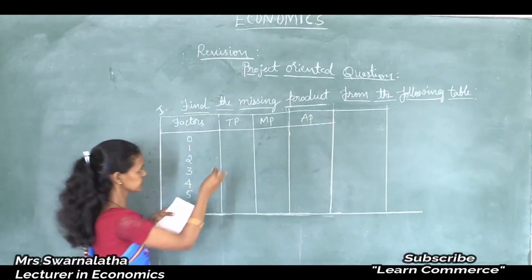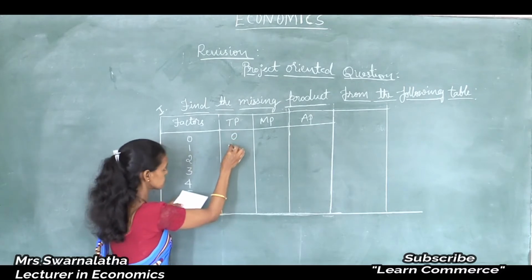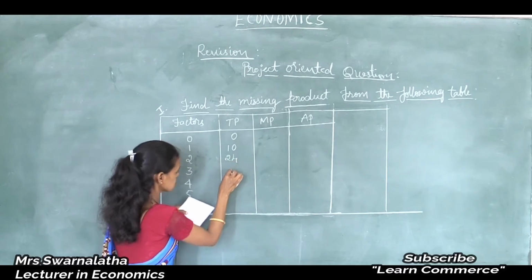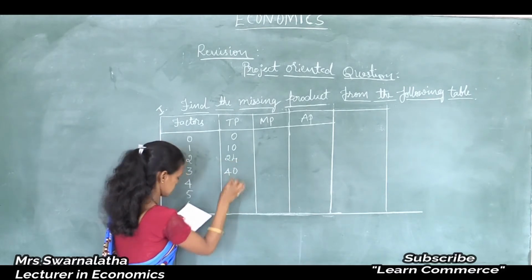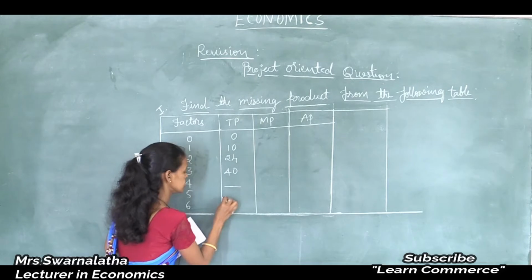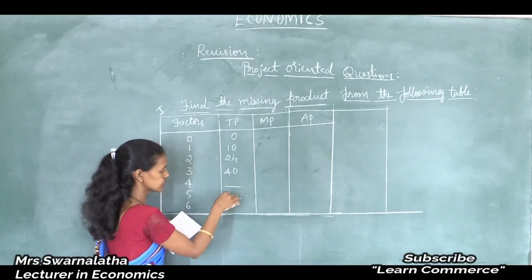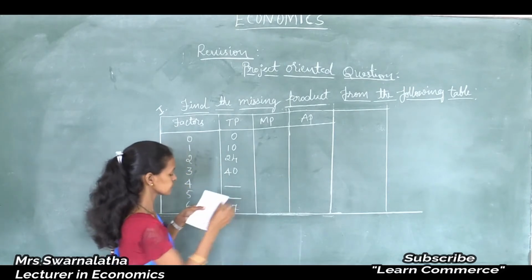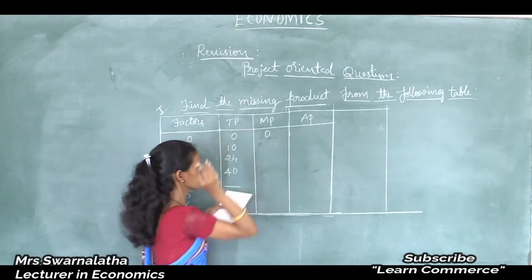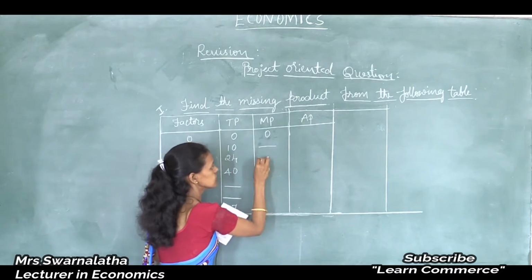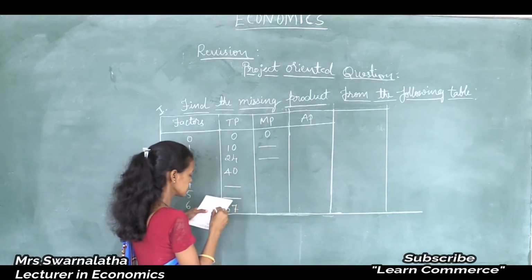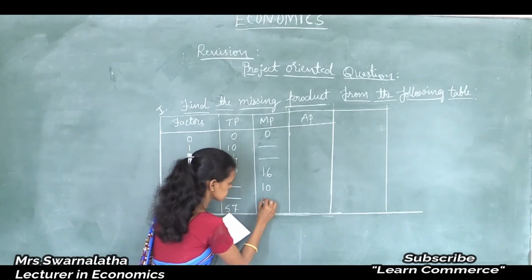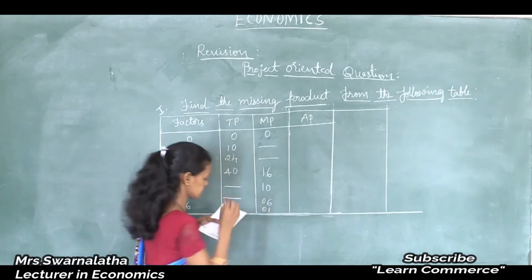First I will write the question. Total product 0, 10, 24, 40, dash given, dash means we should find the missing product here, 57. Marginal product is given as 0, dash for finding the missing marginal product, 16, 10, 6, 1.